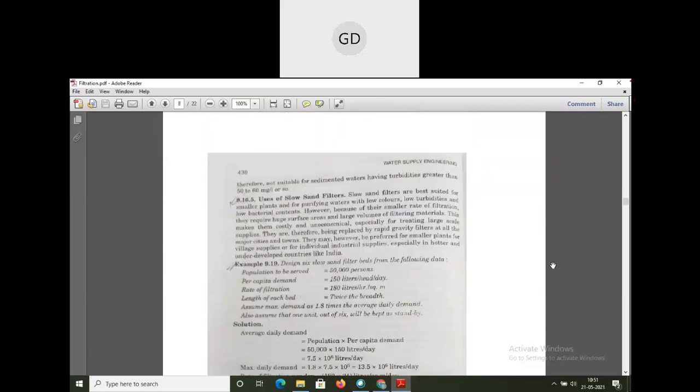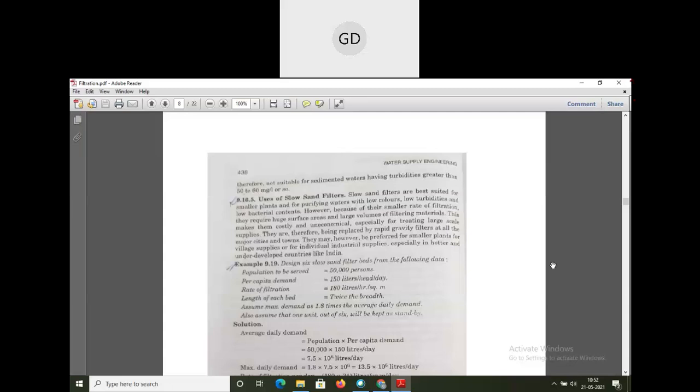So where are slow sand filters basically used? As already told, slow sand filters are generally used in smaller plants, or for waters which have very low color, low turbidity, or a low percentage of bacteria. In those cases slow sand filters are used.